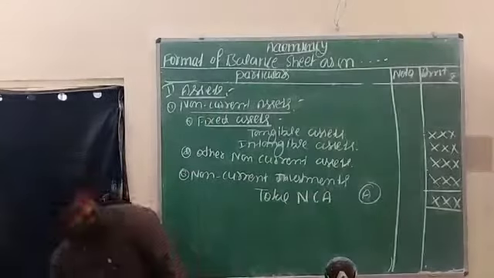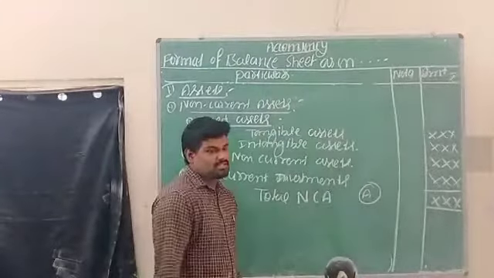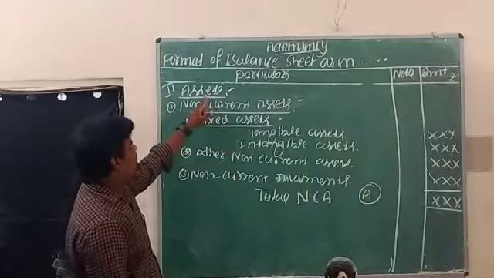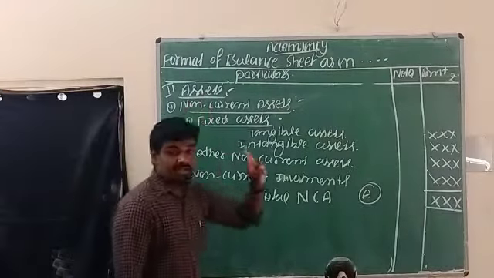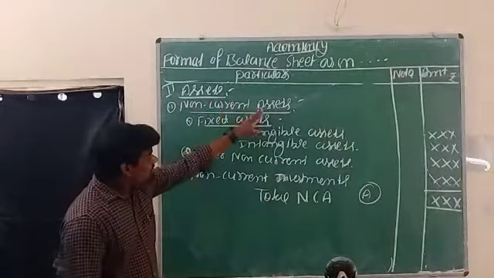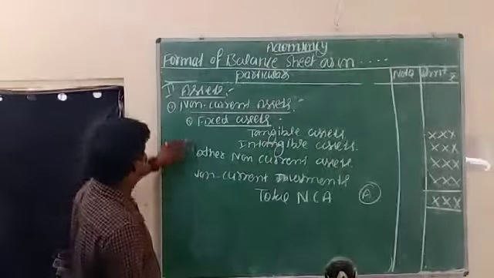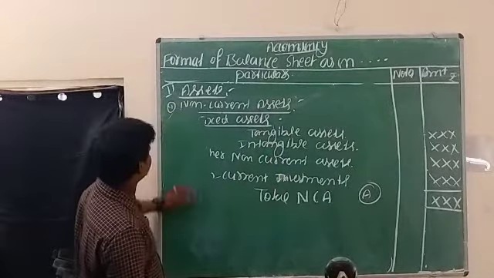So here again under the assets we have one more type of assets. First of all, the assets we can broadly classify into two types: non-current assets and current assets. Under the non-current assets, all these various transactions we can record. The second one, current assets.